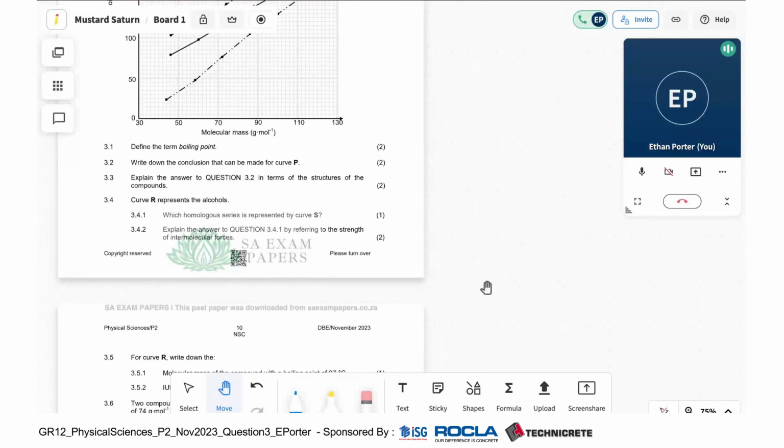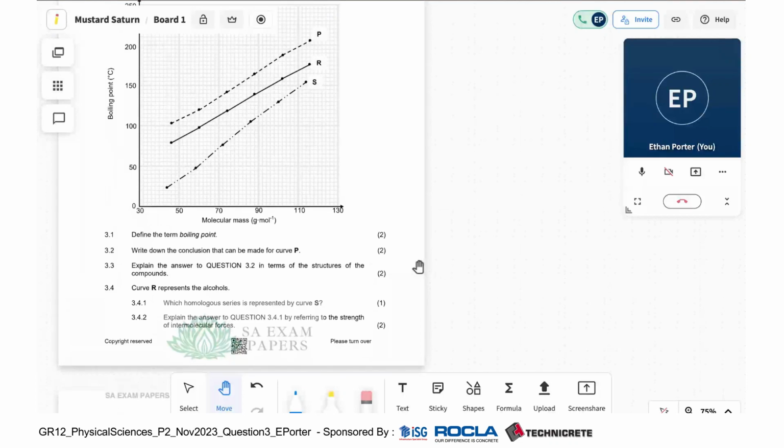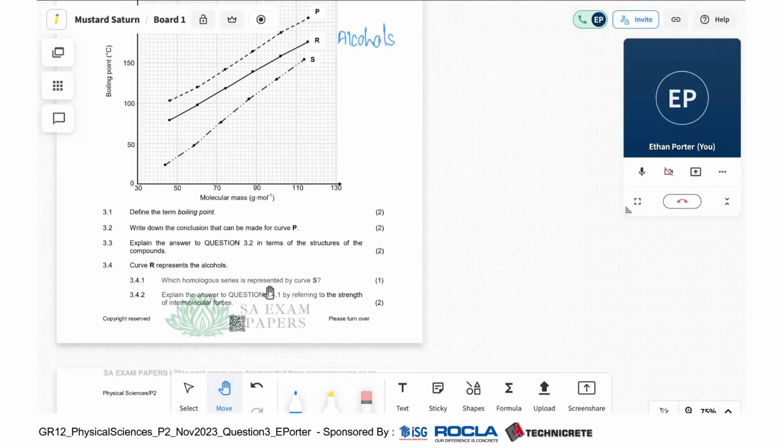Okay. Question 3.4. Curve R represents the alcohols. Maybe I'll just write that here so I don't forget. So they tell us R is alcohol. Okay, great. Which homologous series is represented by curve S?